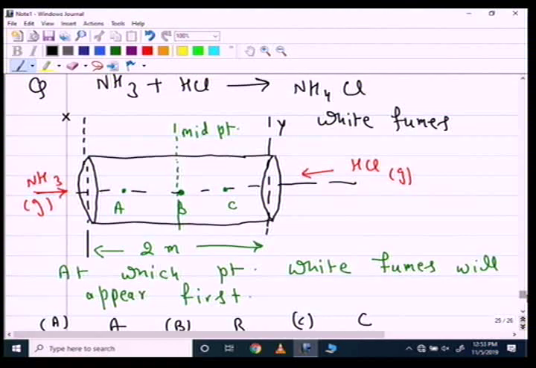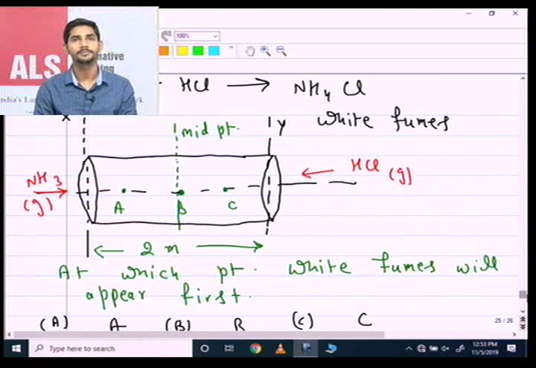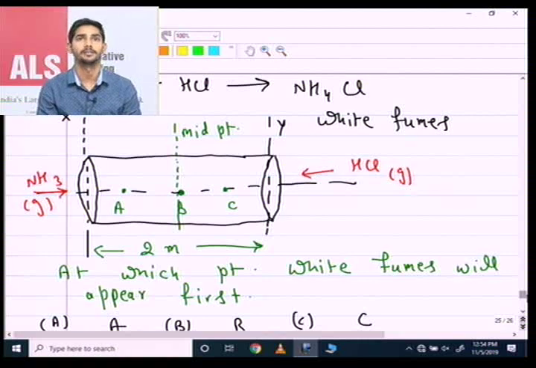Now, first of all, guys, it doesn't matter in which examination the question has been asked. The point is, are we able to predict or understand the meaning of the question? This is one of the easiest questions that you have ever got in the engineering entrance examinations.